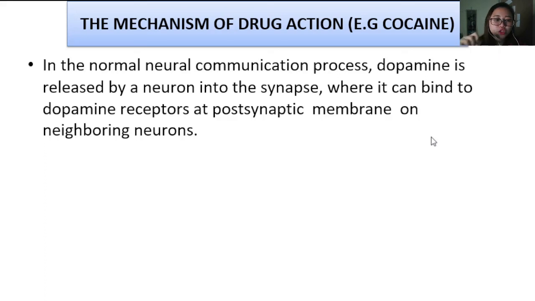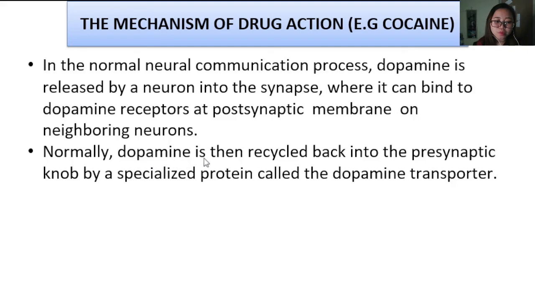In the normal neural communication process, dopamine is released by a neuron into the synapse where it can bind to dopamine receptors at postsynaptic membrane on neighboring neurons. So ini adalah normal condition. Okay, dalam situasi yang normal, tanpa apa-apa dadah, sesetengah neuron kamu akan gunakan dopamine sebagai neurotransmitter.